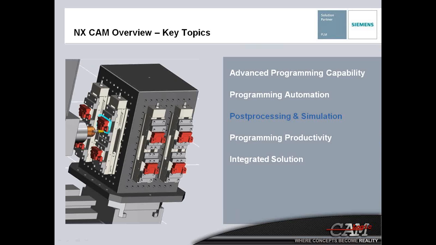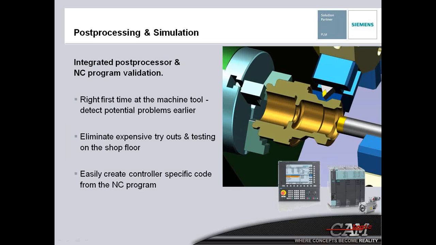So next we're going to move into the post-processing and simulation. Again, this is where the rubber meets the road, right? We can make pretty parts on the computer screen, but we have to obviously be able to post-process it and send it out to the machine tool. With each new job, there can be a lot of time spent on the shop floor, often on the machine itself, checking and testing before the part is ready to be cut.